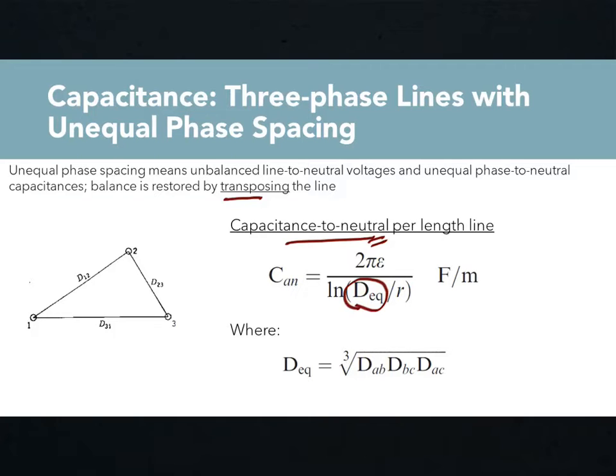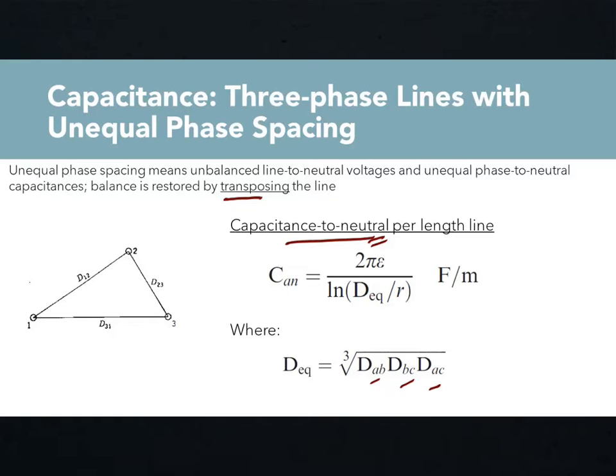Our DEQ will simply be the geometric mean of the distances between the A, B, BC, and AC conductors. These are not new to you anymore because this is also the GMD of our inductance, di ba?